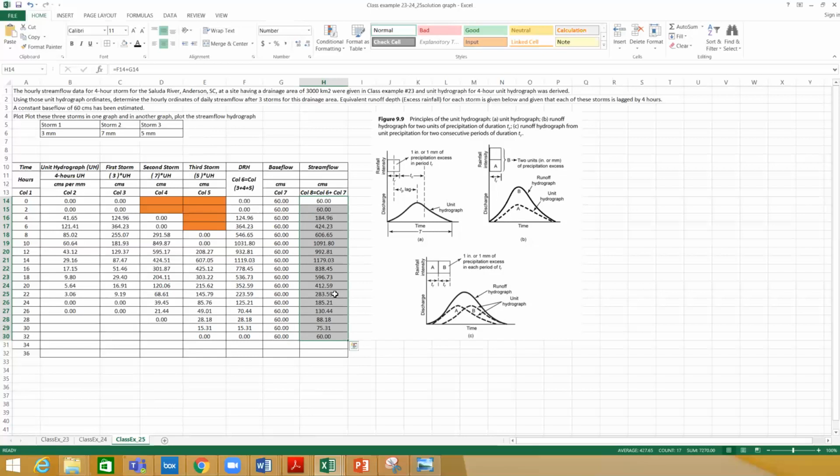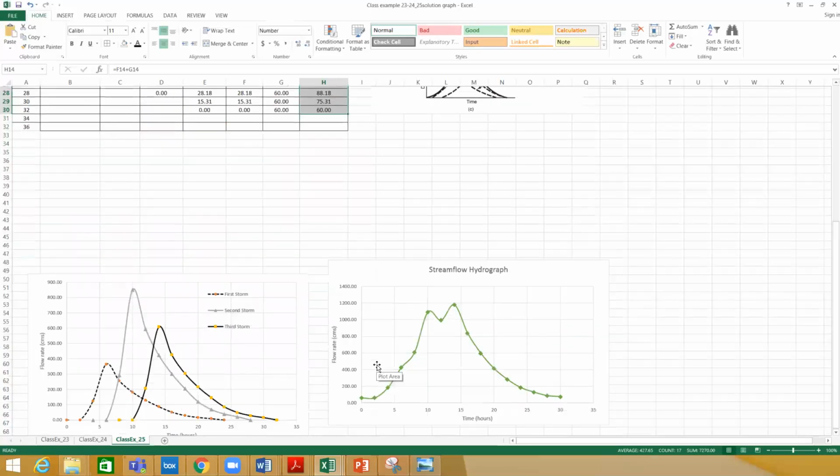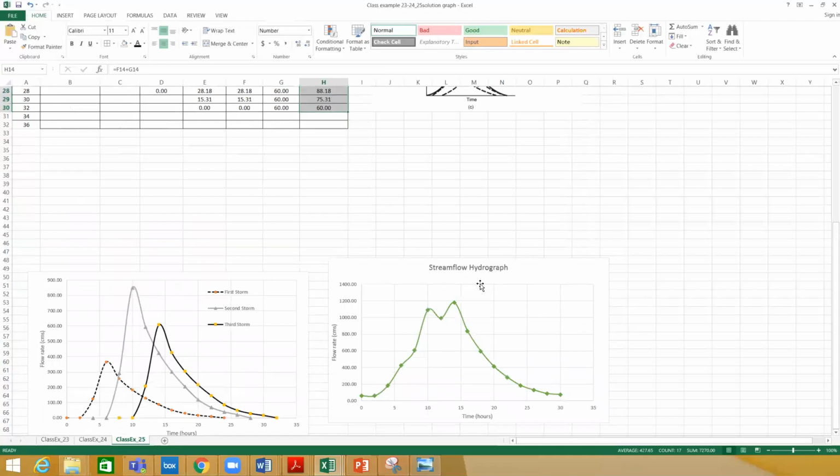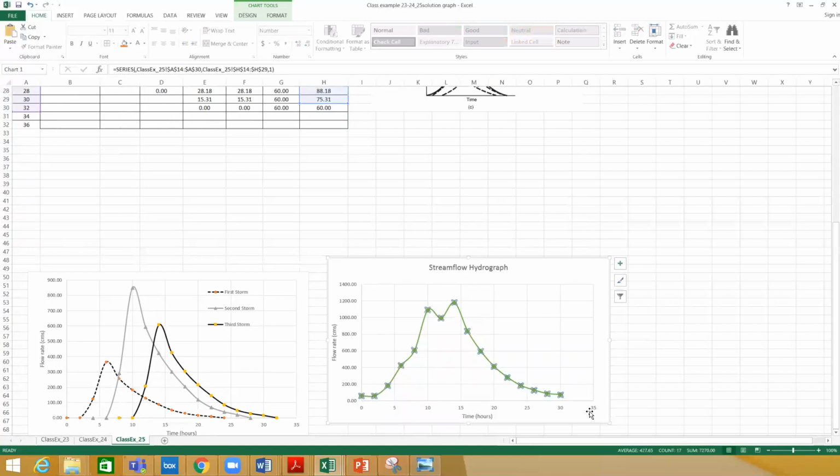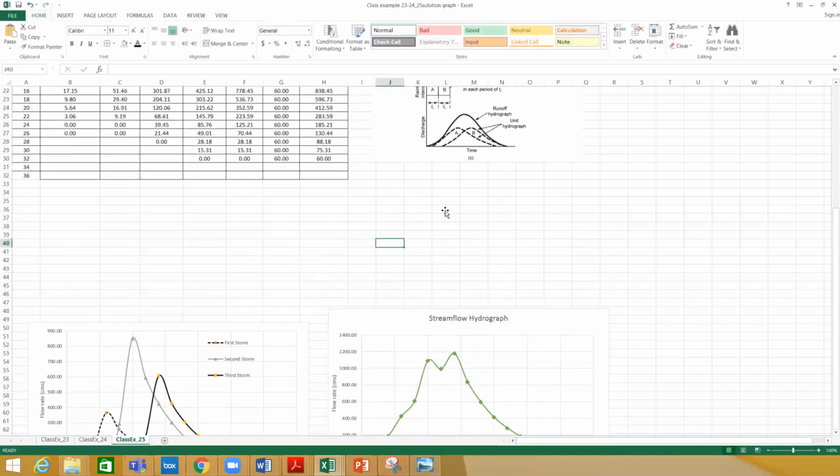We can get that, and if I plot that again, this is the streamflow hydrograph. Okay, again, since this one is not the measured one, rather the calculated one, that's why we didn't get a very smooth shape, but we got the general shape of the hydrograph. And you see it didn't start from 0 because we have 60 cubic meter per second as base flow, and after that all the runoff for 3 different storms.